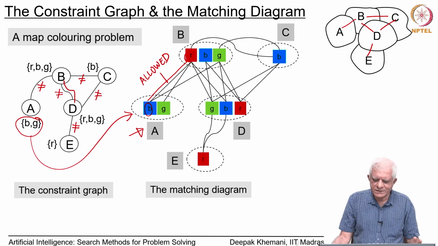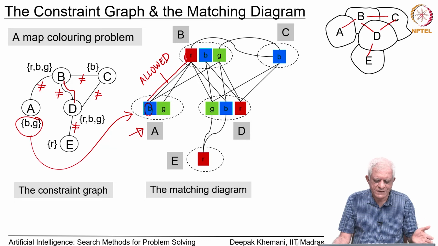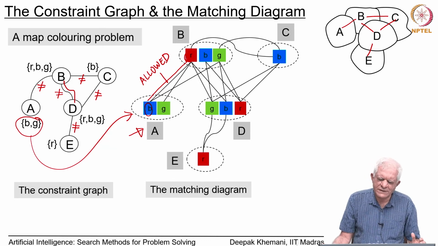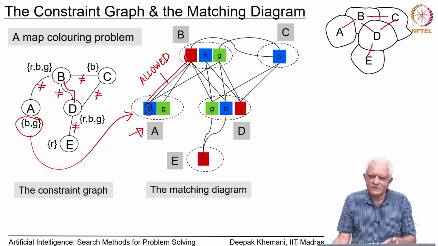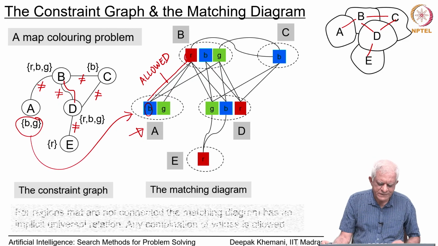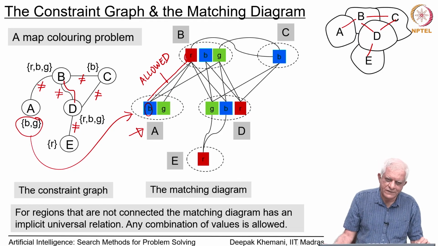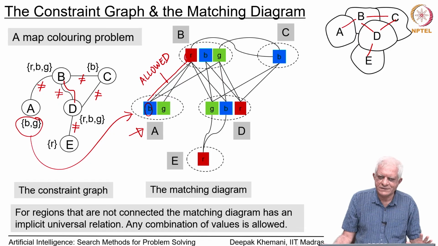The constraint graph is a graph which tells you what combinations are allowed, what variables are related to what variables, and the matching diagram tells you as to which values are allowed, which combination of values are allowed, essentially. Now, there is one thing which is kind of implicit here: if there is no edge between two variables in the constraint graph, it basically means that they do not constrain each other.